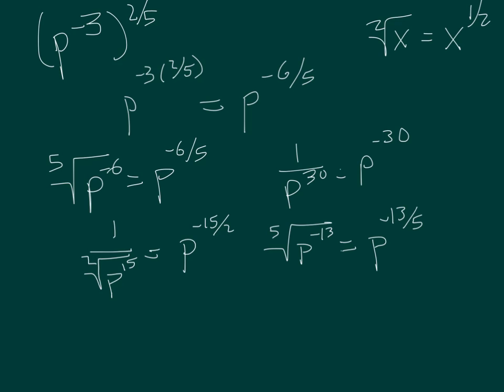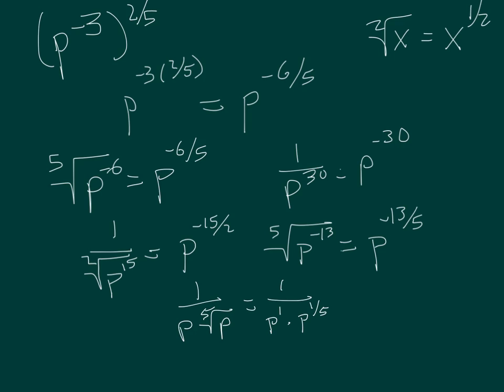The next option we have 1 over p times the fifth root of p. Well, let's focus in on the bottom part there. We'll just leave this under a 1 over there. That would be p to the 1 times p to the 1/5, right?